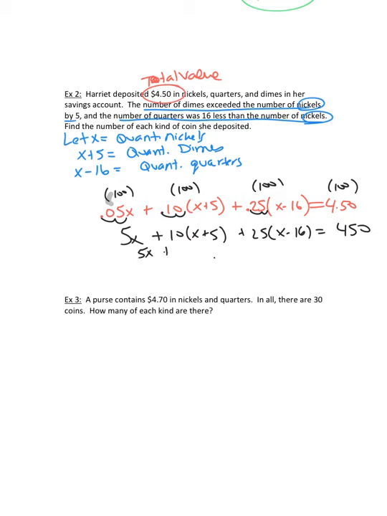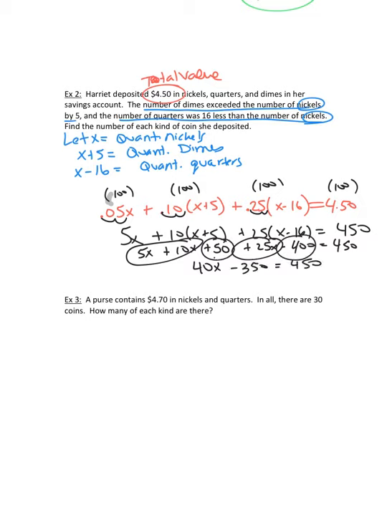I now have 5x plus 10x plus 50 plus 25x minus 400 equals 450. Okay, so I have 15x plus another 25x. So that's 40x. 50 and negative 400 is negative 350, equal to 450.